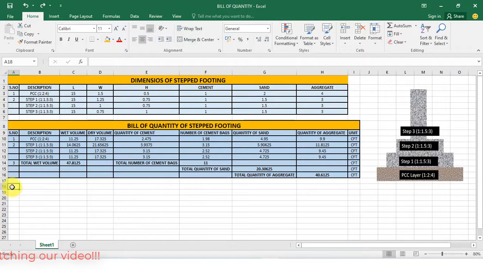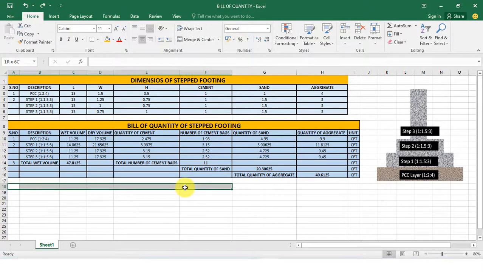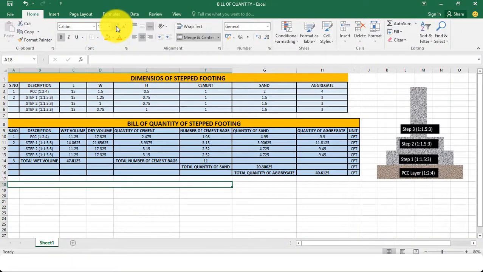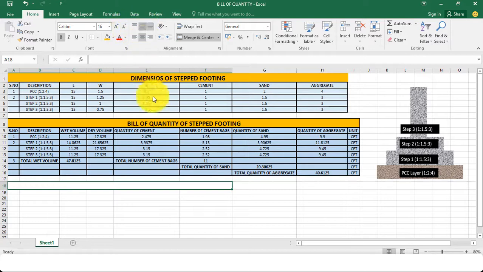So here I will select this row from here up to here. And then I will click on the merge and center. Okay. Now after that I will write here cost of stepped footing. Then I have to make a template for it. So here I will write serial number.